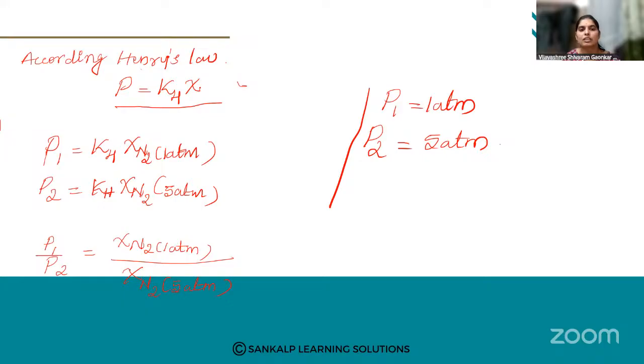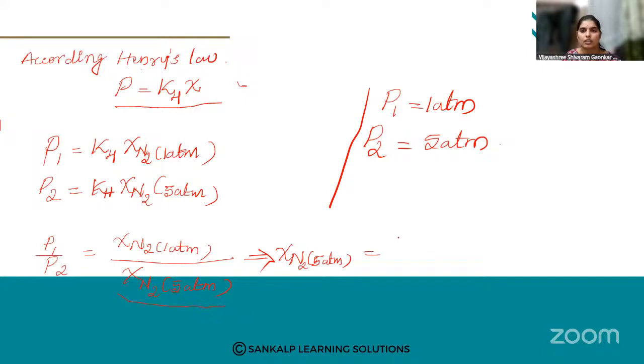So which one is unknown here? Xn2 at 5 atm is unknown. Therefore, Xn2 at 5 atmospheric pressure is equal to, how can we write it? Xn2, do the cross multiplication.